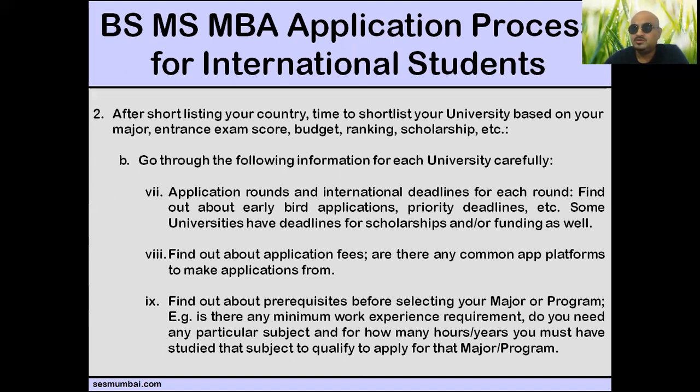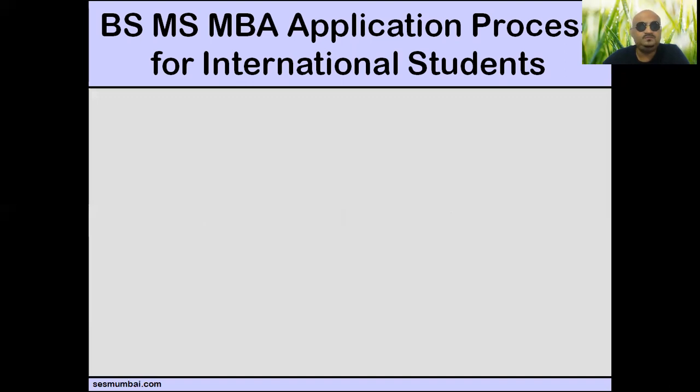This goes for both the master's and the MBA program. Do you need any particular subject, and for how many hours or years you must have studied that subject to qualify to apply for that major program? The major meaning the subject, the main topic that you're majoring in. The minimum number of hours applies to both MS and bachelor's programs.